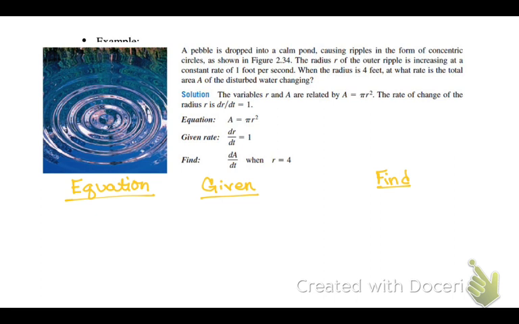To me, I think it's easier to figure out what I want to find first. At what rate is the total area changing? So that would be dA/dt. What's A stand for? Area. And t stands for? Time.